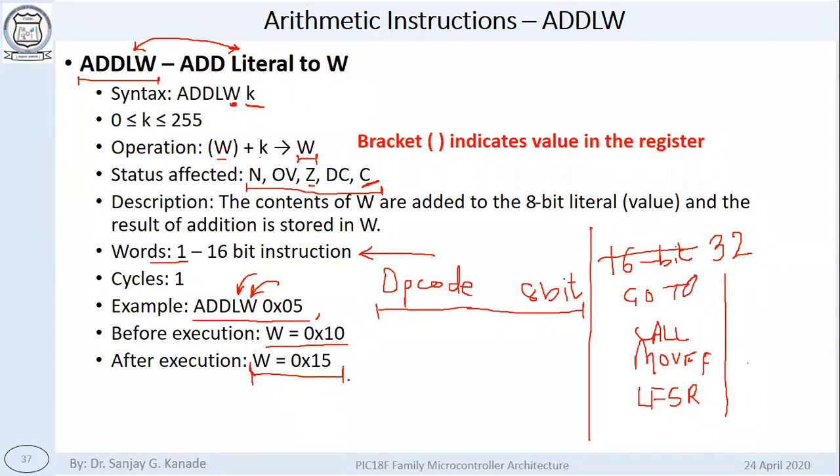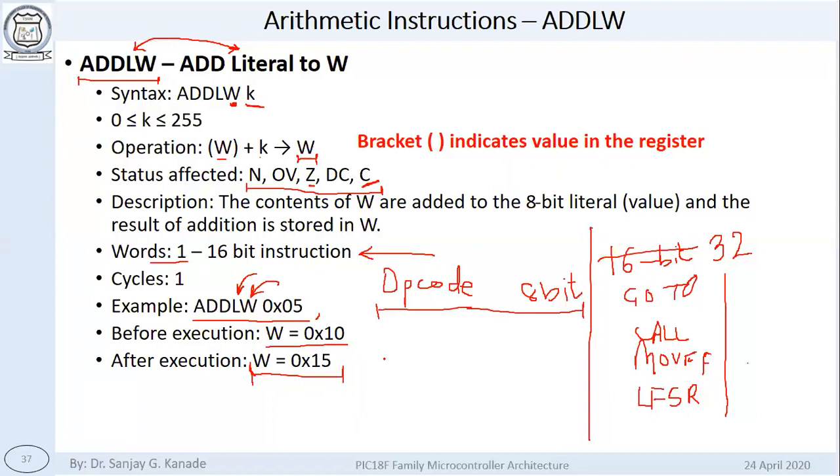Clear? Here obviously there is no D bit or A bit, because the A bit is used for access bank. From yesterday's class, if you remember, the A bit was for access bank to know the location of F, but here there is no F, so there is no question of access bank or BSR.